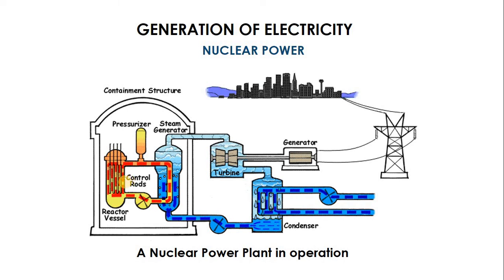Now here the focus is to produce electricity, and the heat that we are producing here has to be controlled. Now, if there's no means of controlling the heat that is produced, there's going to be an explosion, and that's how nuclear bombs are actually produced, because the reaction that takes place here that produces the heat is what we call a chain reaction.